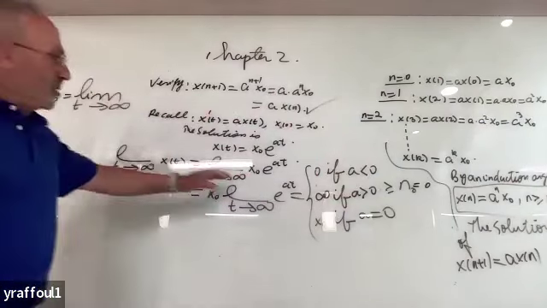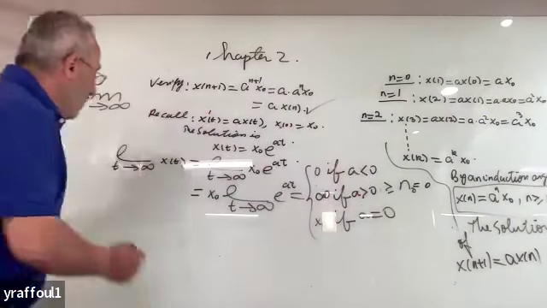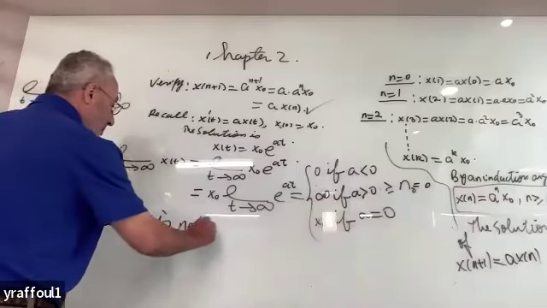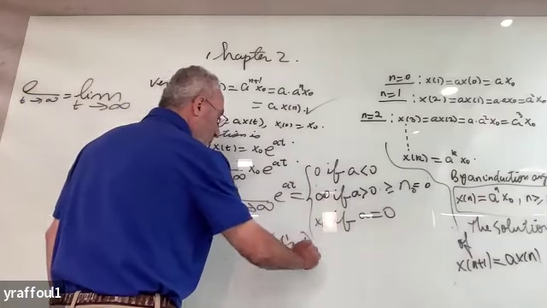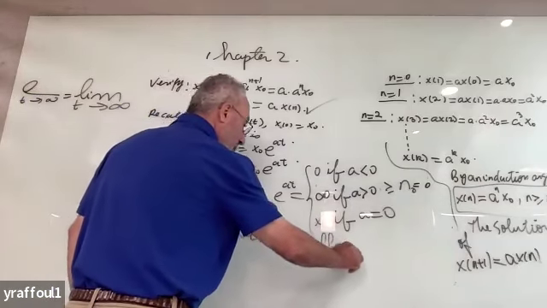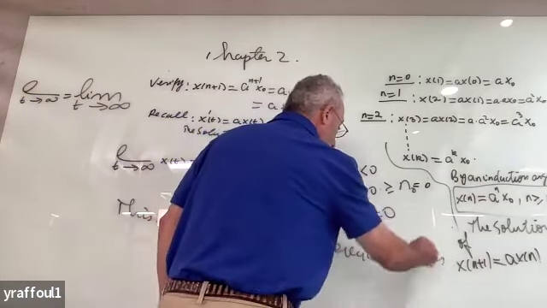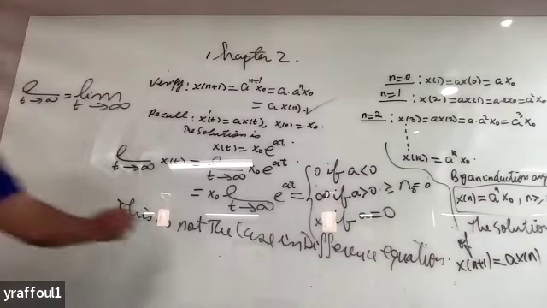So in this instance, it goes to 0 if a is less than 0. So this is not the case in difference equations. So this is not the case for us. And we're going to take a look at it a little bit.